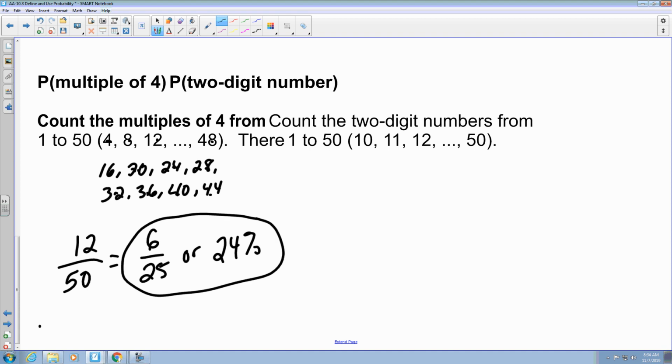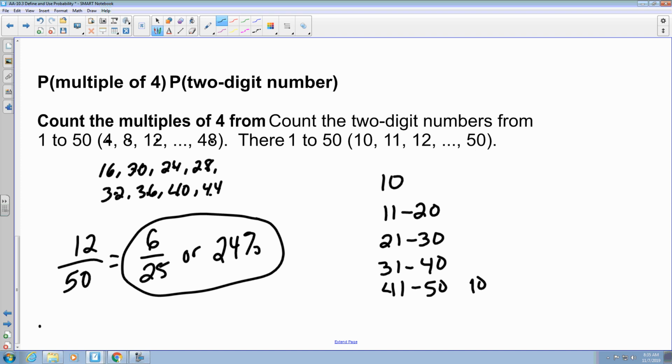The last question on this page has two-digit numbers. It starts with 10 and ends with 50. Let's do it this way: we'll leave 10 by itself, and then we go 11 to 20, 21 to 30, 31 to 40, and then 41 to 50.